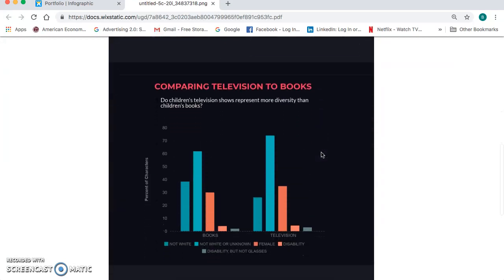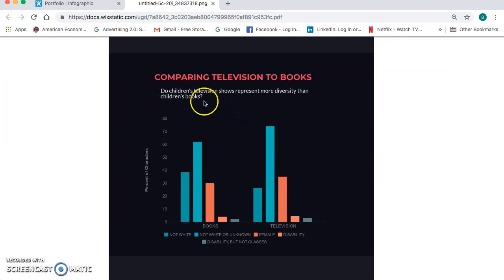Now, scrolling down for the second research question: do children's television shows represent more diversity than children's books? So I just very easily wanted to compare the two, and therefore I felt that a bar graph was the appropriate course of action with this, because you can accurately depict, for example, looking at not white or unknown characters in books and television.